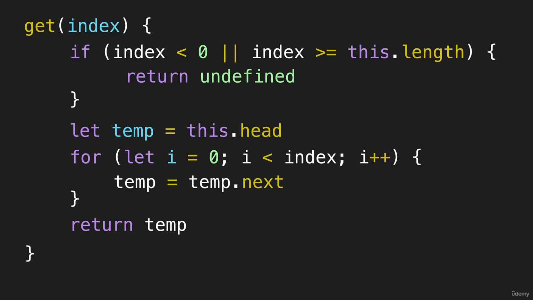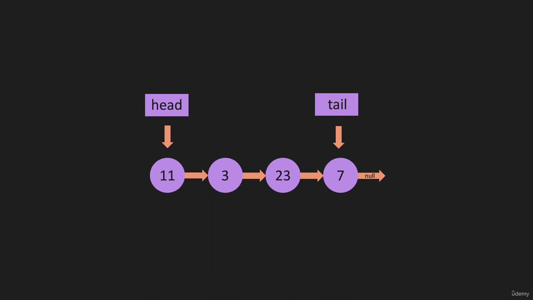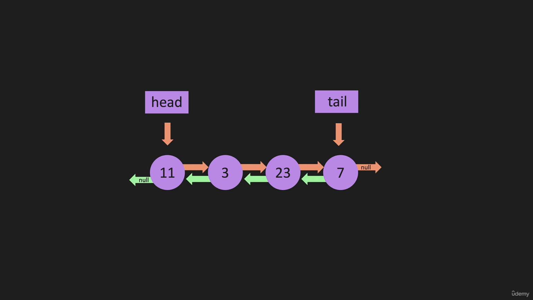This was the entire method for get for a singly linked list, but we're going to make some changes to this for a doubly linked list. So let's bring this up. Let's turn this into a doubly linked list like that. And let's say we're going to get this 3 node here, the one at the index of 1. We would start at head and we would get to this node.